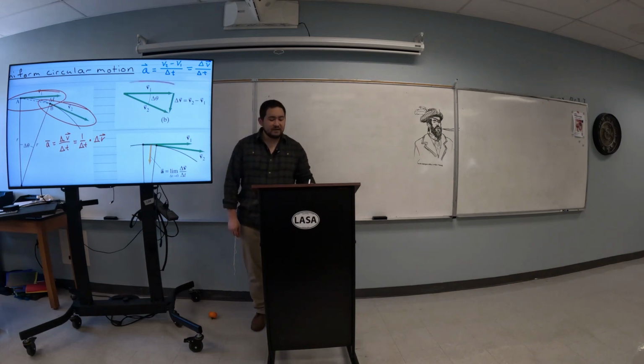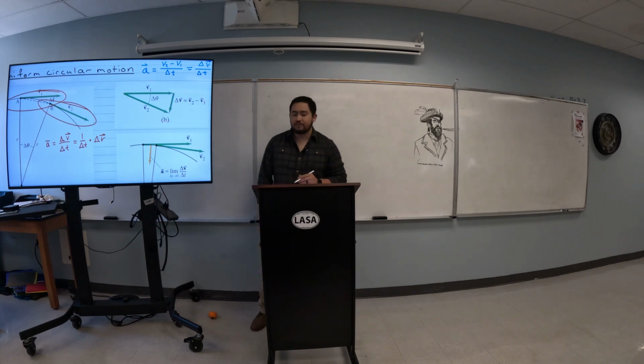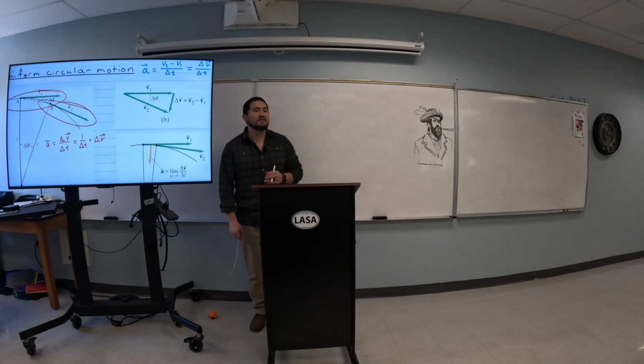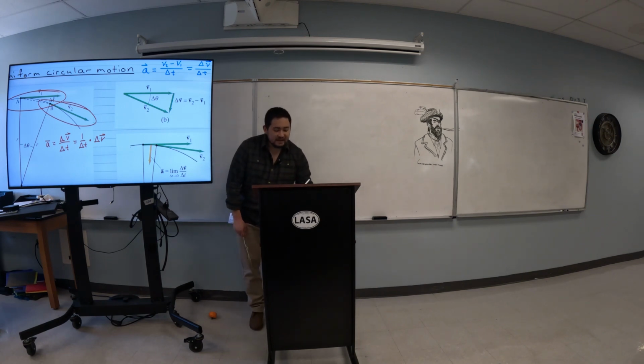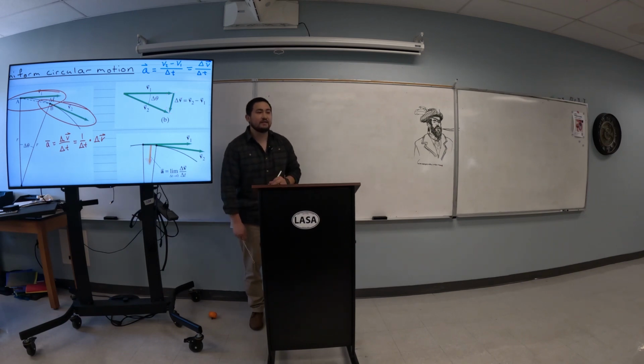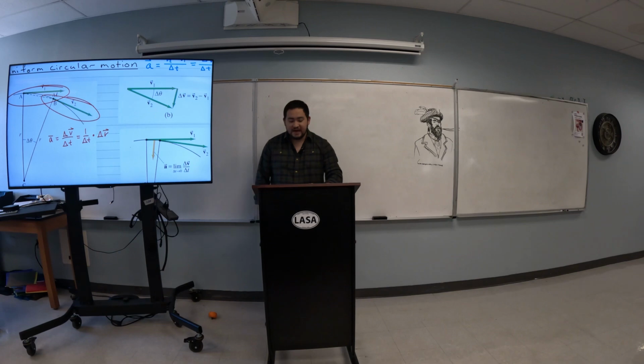So I've graphically done some vector subtraction here, and what I got was some resultant vector delta v that points in the direction that you see on the screen. If I take that and place it in between my 2 points, I can see that the resultant vector is pointing towards the center of my circle.